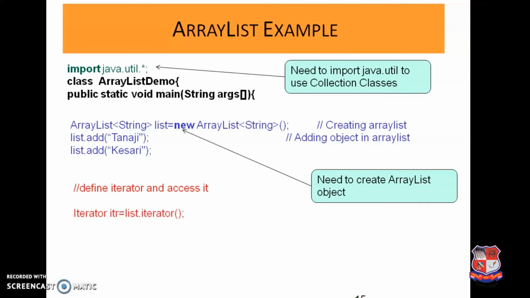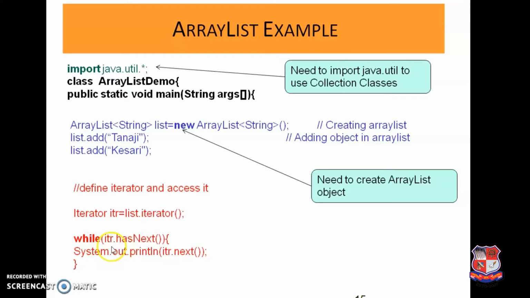So how we will able to get iterator to collection? So every collection provides you iterator method which will return iterator object. So we'll define iterator and then we'll use iterator method of list to get the iterator object. Next, we'll define a loop which will access all element of iterator.